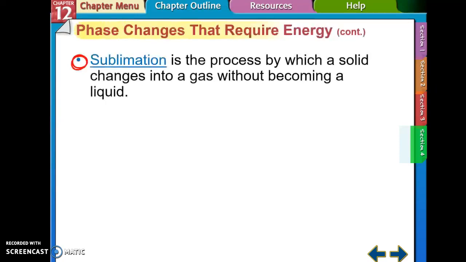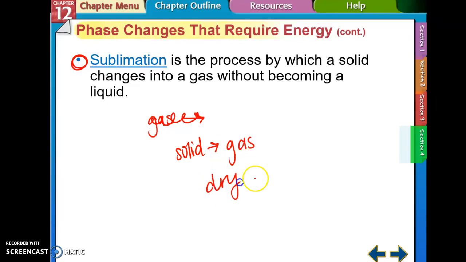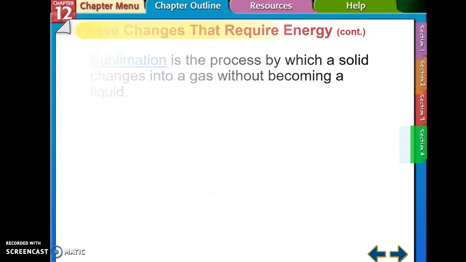So you go from a solid to a gas. We will do the dry ice lab. Dry ice is solid CO2 that goes straight into sublimating to gaseous CO2. These are phase changes that require energy, typically in the form of heat.